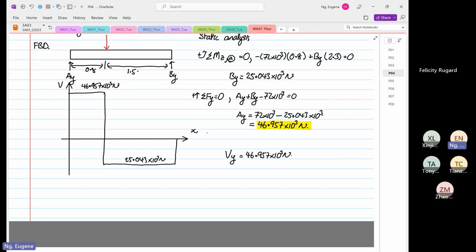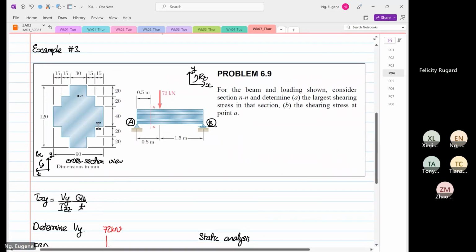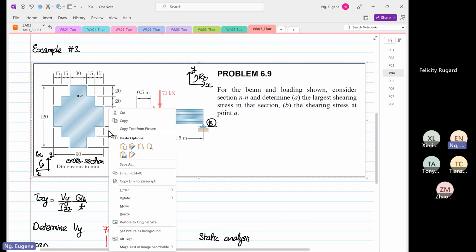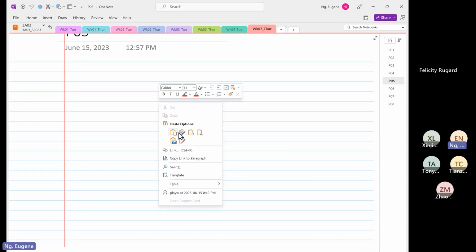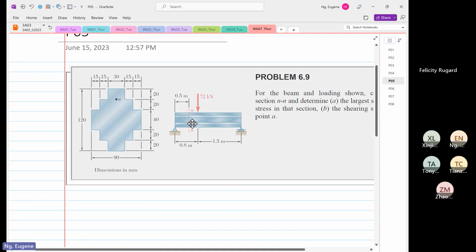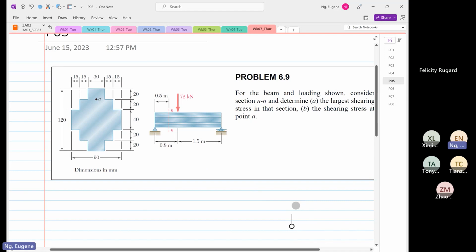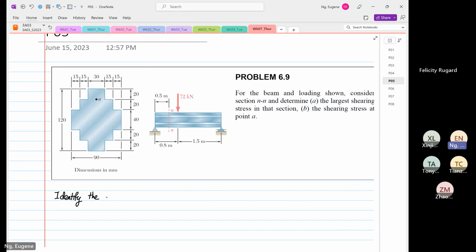Okay, so now I'm going to, again, this problem over here has a very similar problem to what we had before. Again, we have to identify the maximum Q over T ratio.